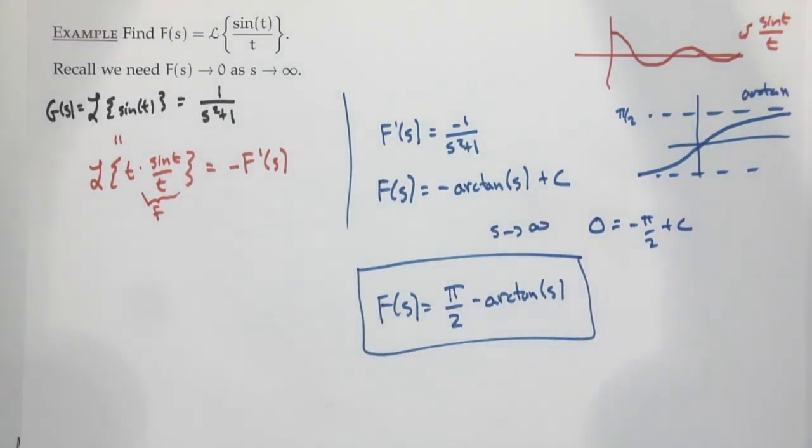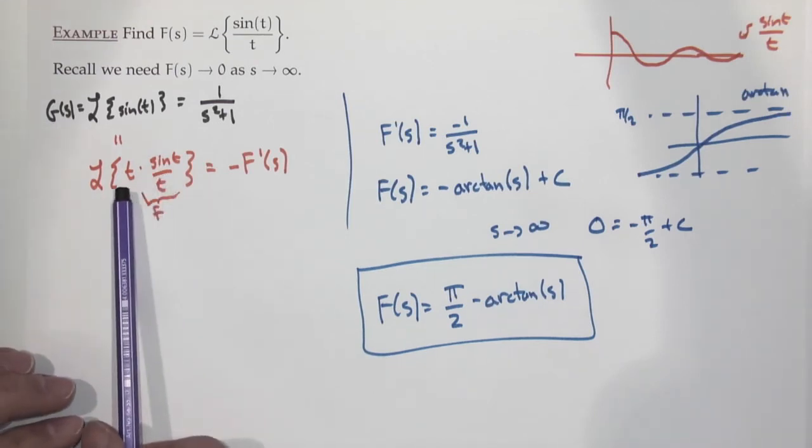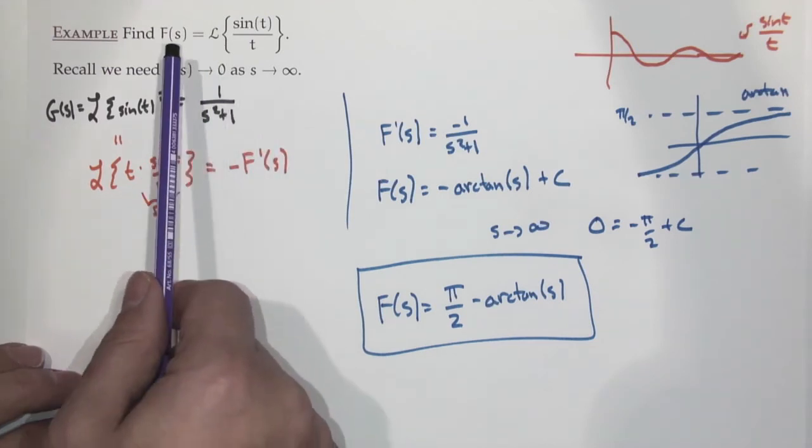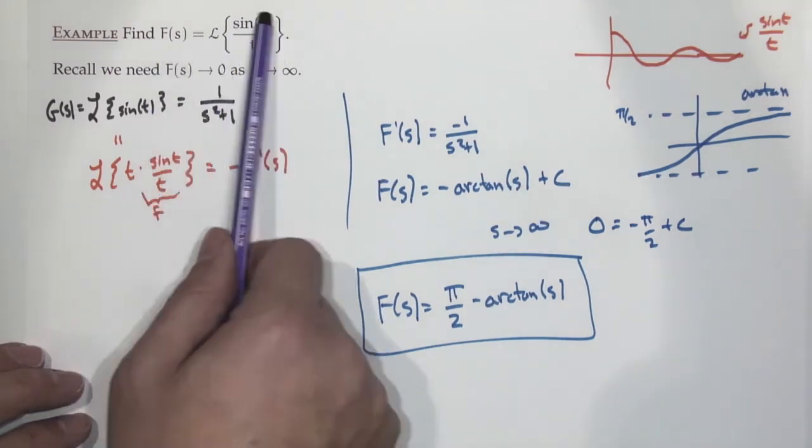There we go. Yes? I'm kind of confused how you went from the Laplace transform of t times sine t over t, and how you figure that the f prime of s is just equal to the Laplace transform of just sine t. Well, what we said is we're after this Laplace transform.